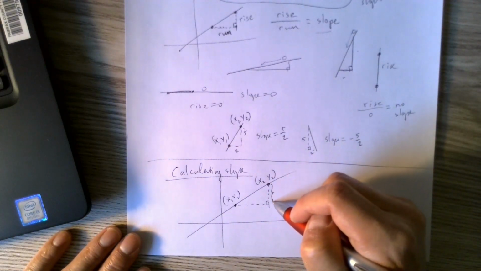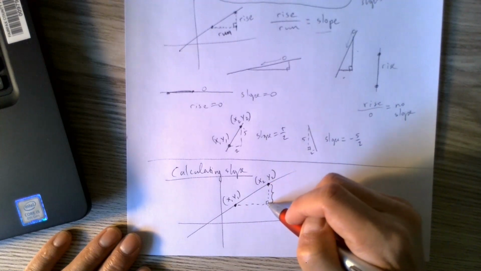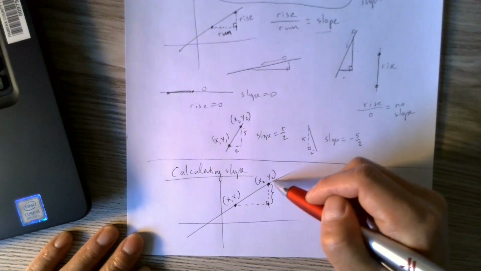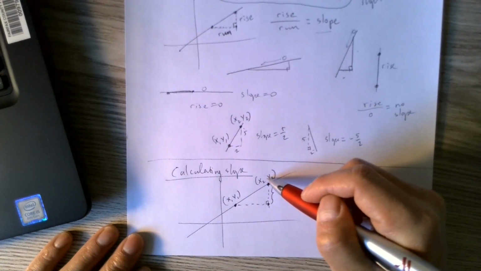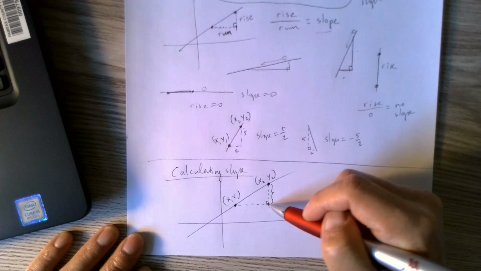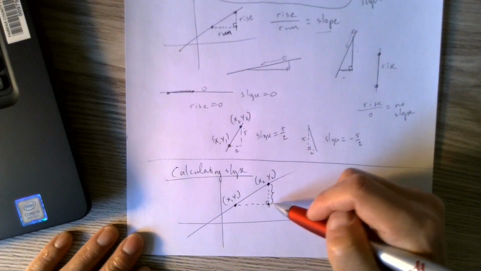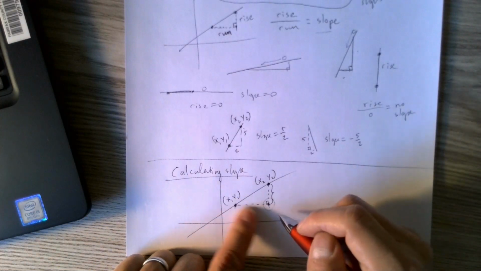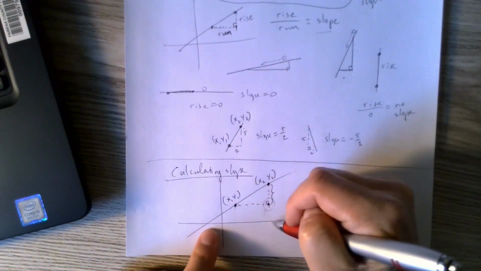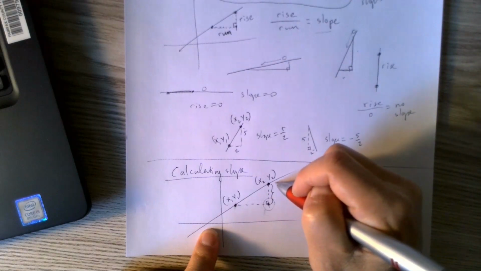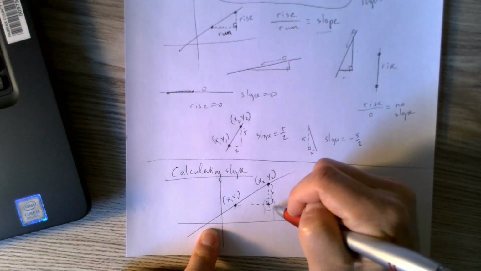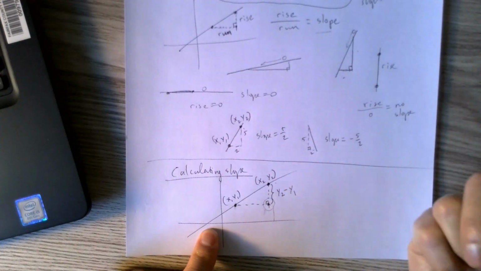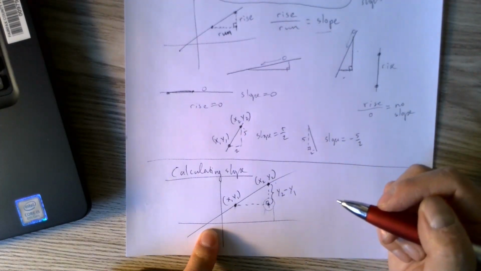Now the distance of this point down to this right angle is going to be the y coordinate here minus the y coordinate of this point. Now the y coordinate of this point is going to be the same as the y coordinate of this point, so it's y1. So the distance here is going to be y2 minus y1. That's the rise.